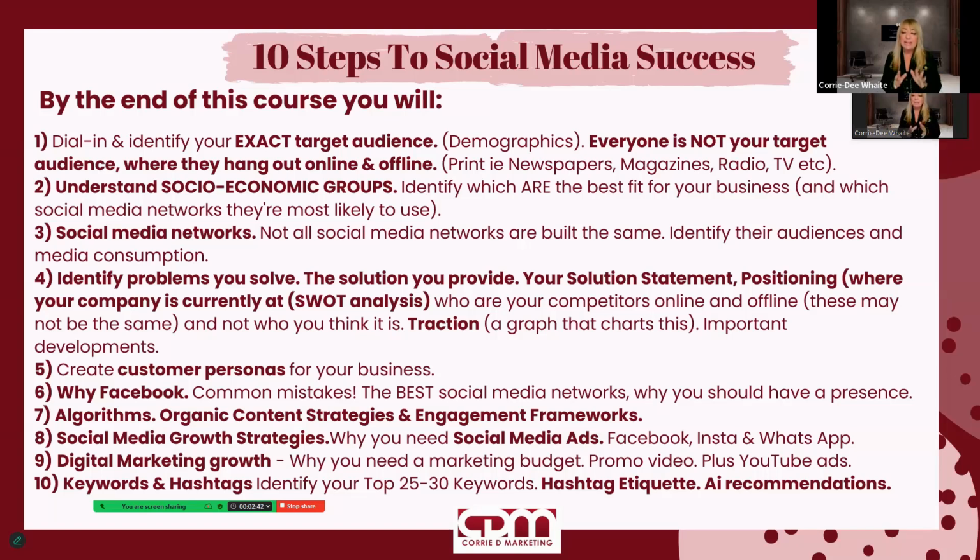And what you've got to remember is that everyone is not your target audience. Then we're going to look at whereabouts they're likely to be hanging out online and offline. So we'll look at what newspapers they're likely to read, magazines, what TV programmes, what radio channels, what celebrities, what influencers. And we're going to engage in the conversation online on social media.